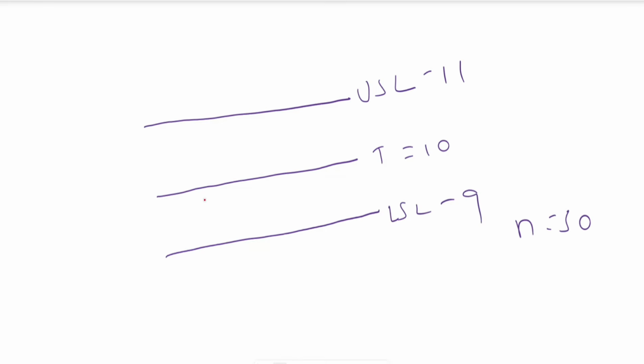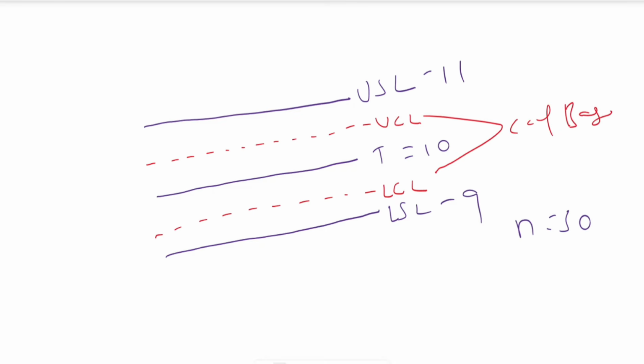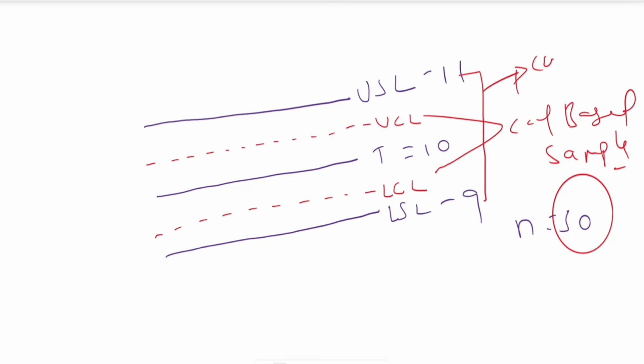Here this is the dotted line, this is the upper control limit, this is the lower control limit. These control limits are calculated based on the sample data, and these specification limits are given by the customer.